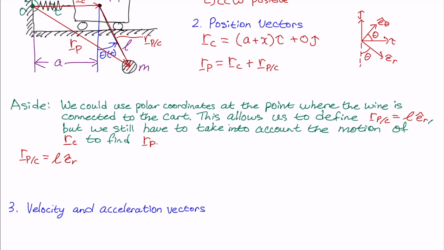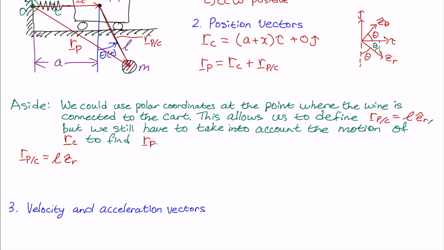So if we can break up e hat r into components, we're going to find that if we draw our triangle here, the angle right there in green, that's theta.